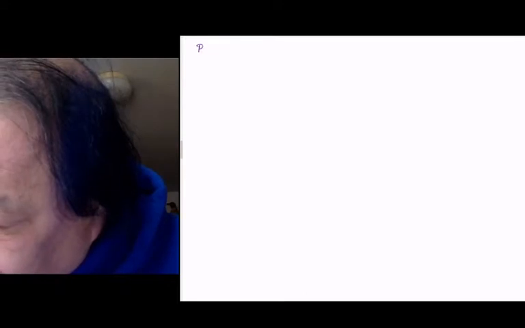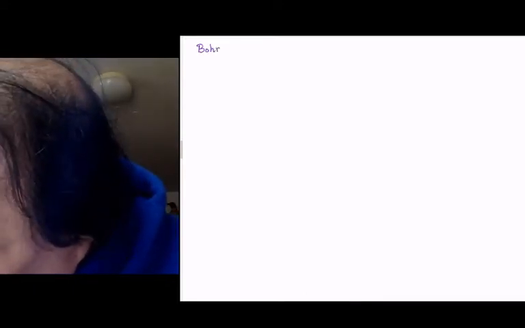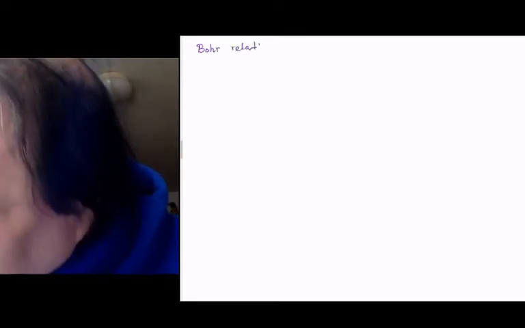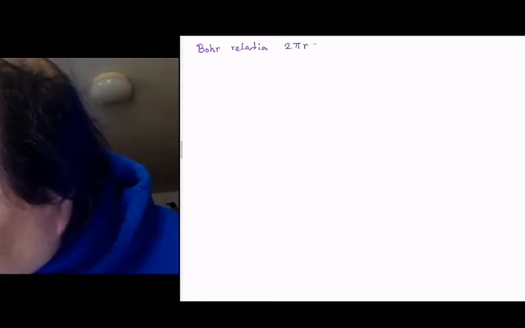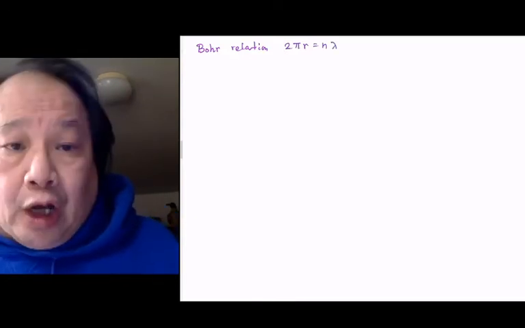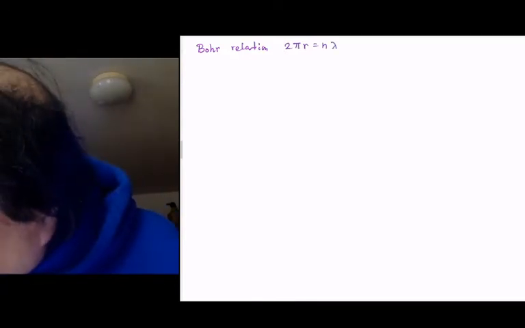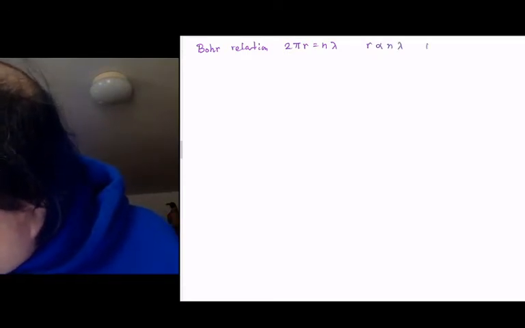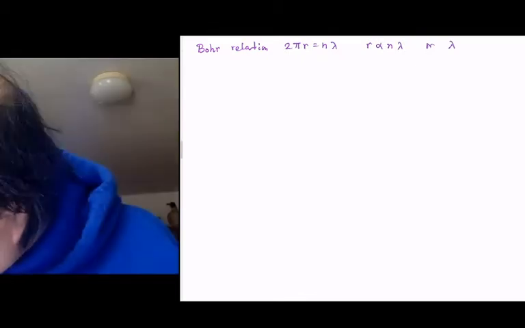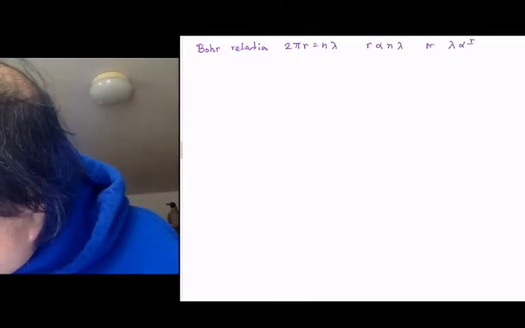Okay, let's review the various proportionality relations that we'll need. We have the Bohr relation, 2πr equals nλ. And if we drop all constants, r is proportional to nλ, or λ is proportional to r over n.